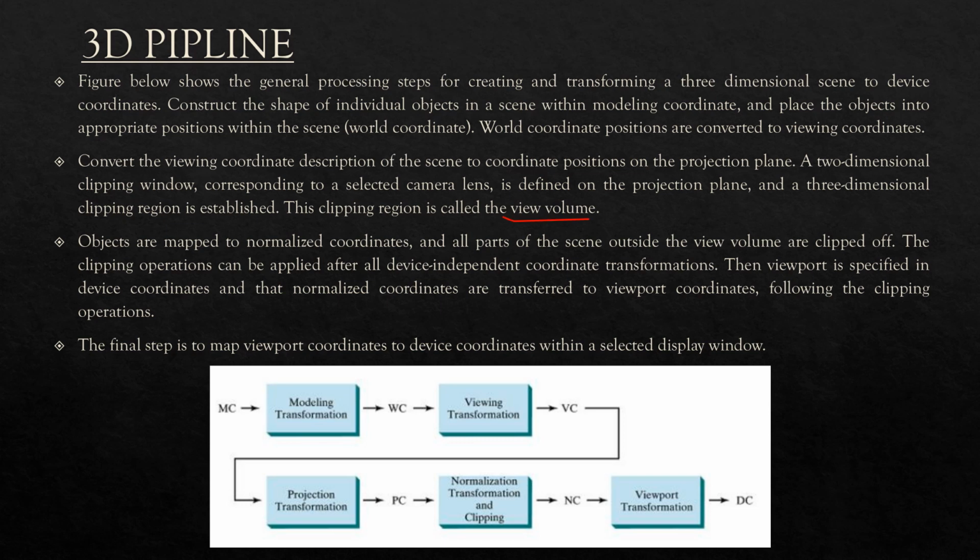This view volume was not previously there in the 2D pipeline. It is a new concept in the 3D pipeline. So here is modeling transformation, then viewing transformation, then projection transformation, then normalized transformation and clipping, and finally the viewport transformation.